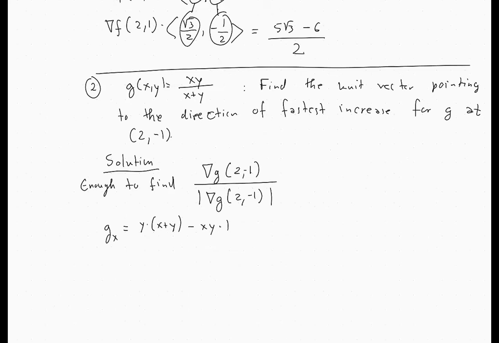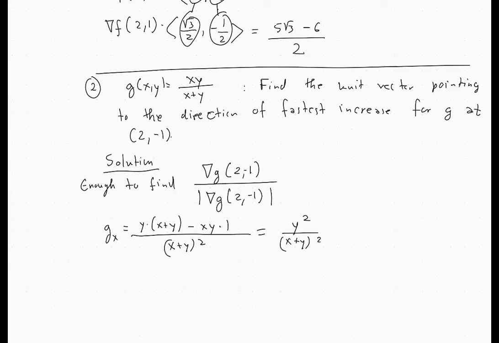So this will be yx minus xy, that's 0, so that would give you y squared over x plus y squared, implying that g sub x at 2 comma negative 1 is going to be 1.